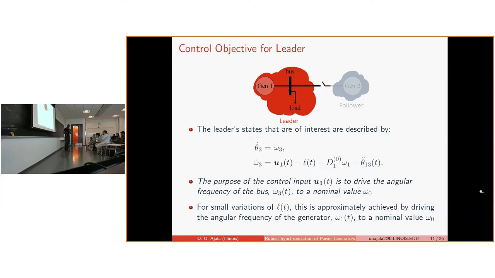The leader states that are of interest are described as follows. And the purpose of the control is to drive the angular frequency of the bus to a nominal value. So you can think of it as we want the voltage at this bus to be at 60 hertz. Now, for small variations in the load, this is approximately achieved by driving the angular frequency of the generator to a nominal value. Of course, if you assume that it's one pole pair at the generator.